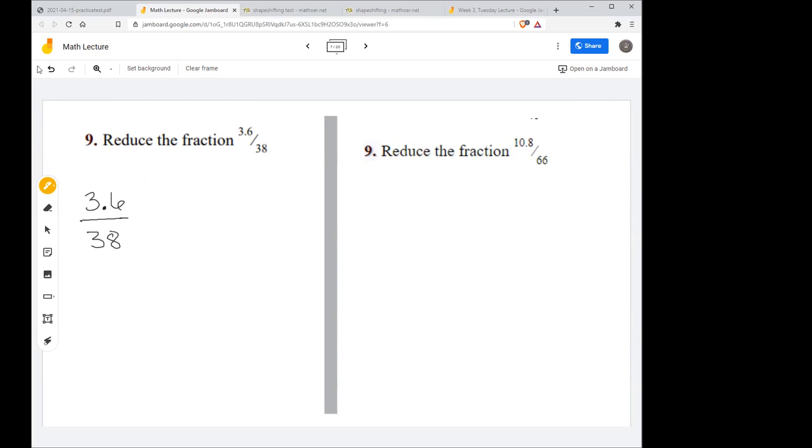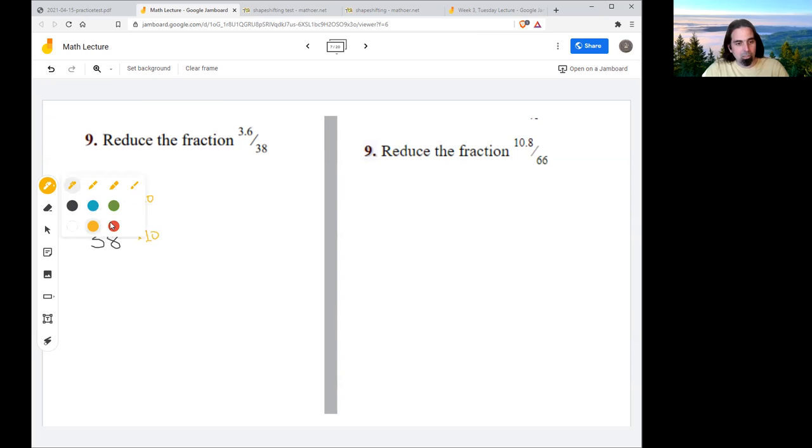Okay, how do we deal with this icky thing? So I believe you would times by 10 to the top and bottom to get the decimal to not be a decimal anymore. Right, let's get rid of that decimal. No one wants it there. So times 10 causes a decimal point scoot. And now we have 36 over 380. Whoops, I wrote a mistake. Where did I write a mistake before I fix it?